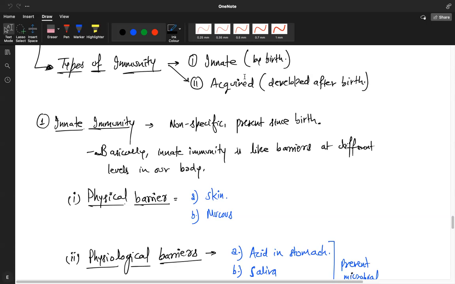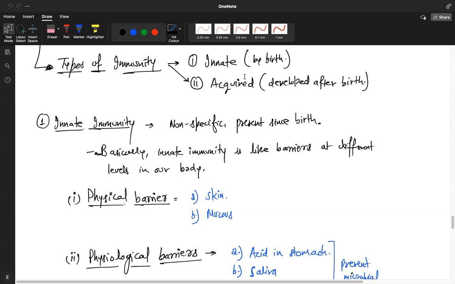So yes, continue, Alia. One of them is the physical barrier, which is skin and mucus. Then there is the physiological barrier, which is acid, HCl, in the stomach, saliva, and tears. Then there's the cellular barrier, which is WBCs, leukocytes.